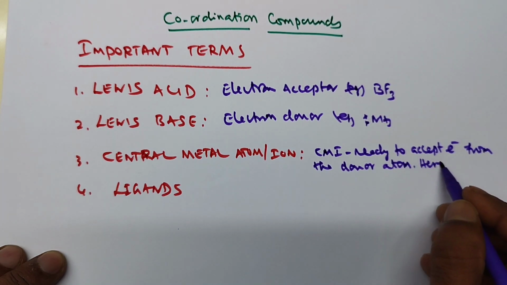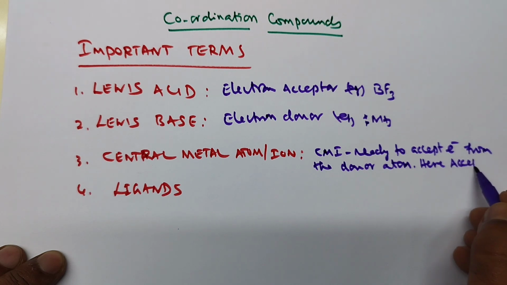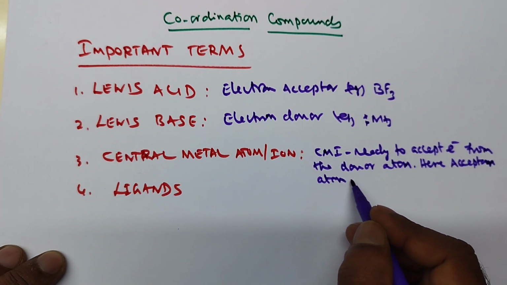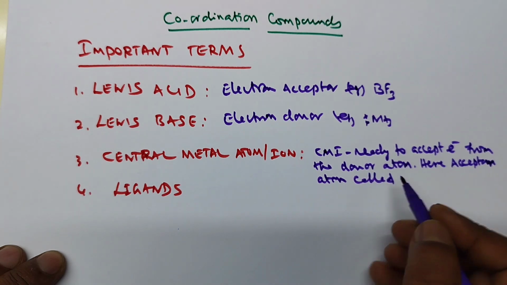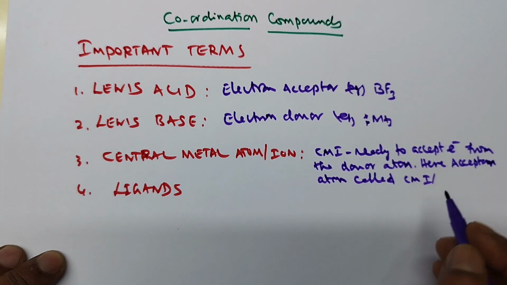This acceptor atom is called the central metal ion, or central metal atom.